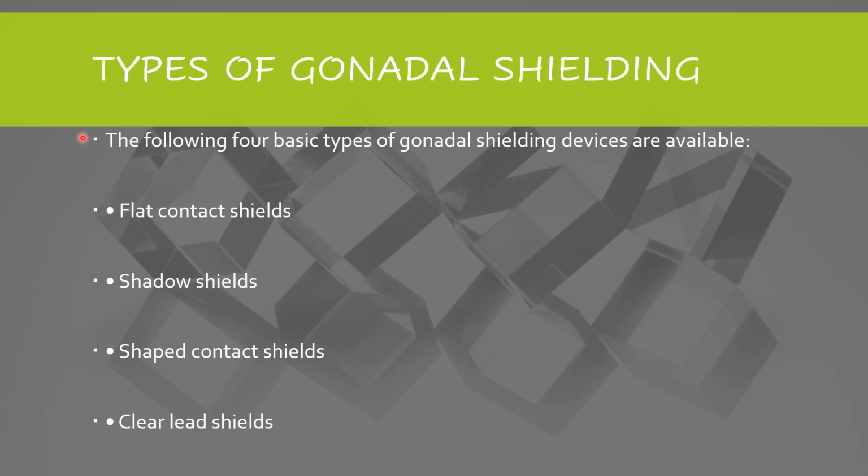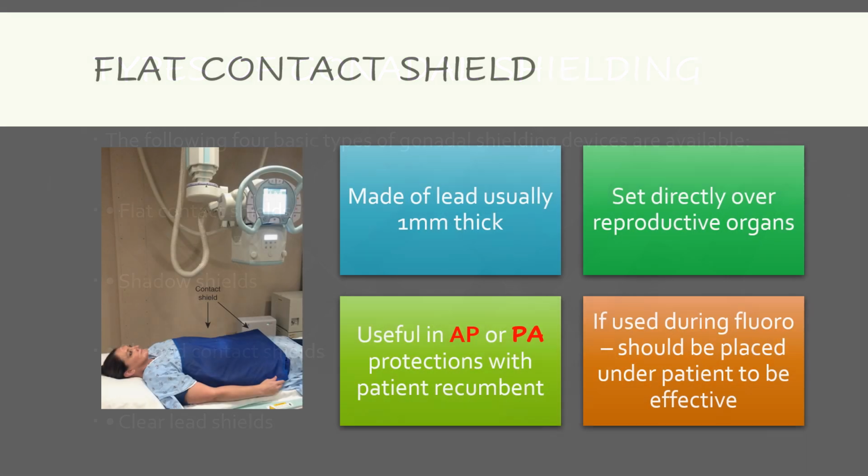Types of gonadal shielding. The following 4 basic types of gonadal shielding devices are flat contact shields, shadow shields, shaped contact shields, and clear lead shields. Flat contact shields are made of lead, usually 1 millimeter thick, set directly over the reproductive organs.